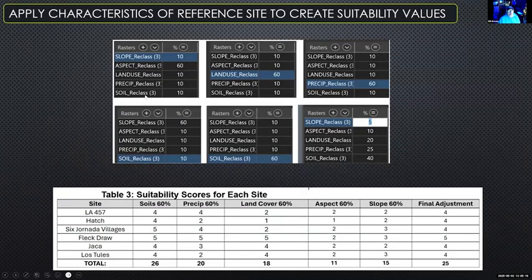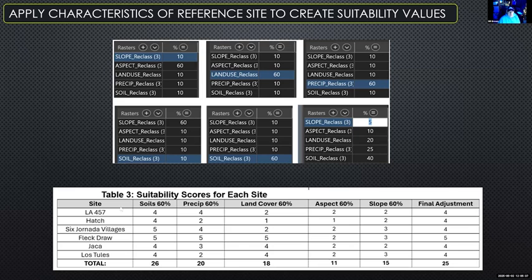And so what I did was I came up with a suitability ranking of 1 to 5, and I plugged these into the weighted overlay tool, and I gave soils a weight of 60%, and the other variables 10% each.